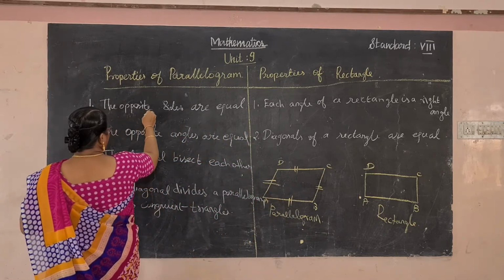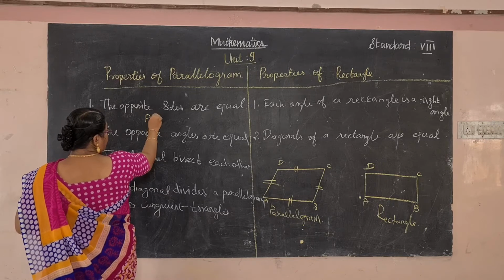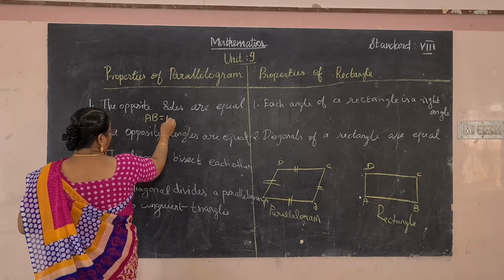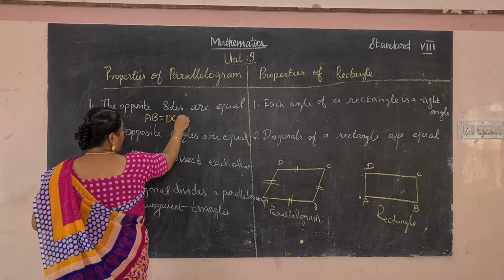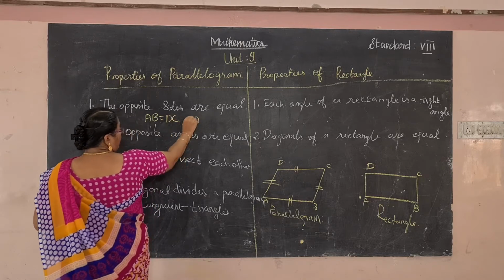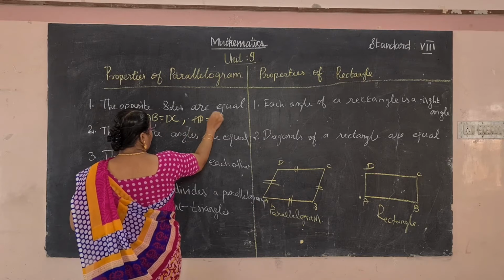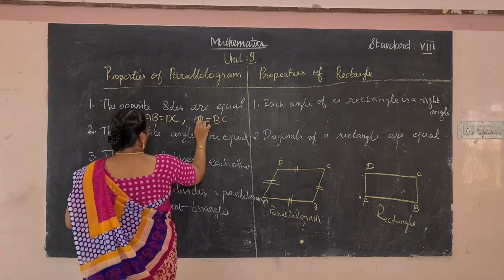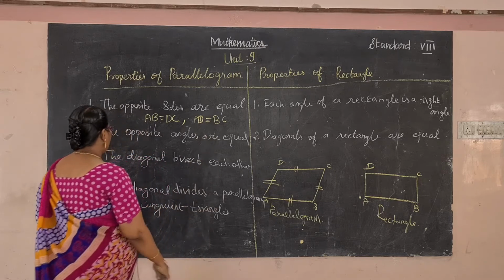So which are the sides? AB is equal to DC, and AD is equal to BC. These are all the opposite sides, the first condition.